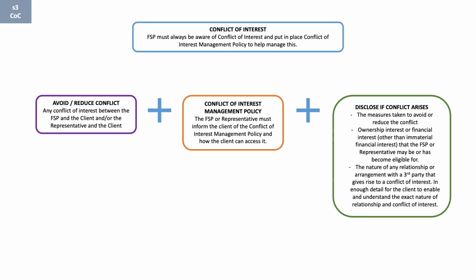What ownership interest or financial interest, other than immaterial financial interest, the FSP or representative may be or has become eligible for or entitled to? 3. The nature of any relationship or arrangement with a third party that gives rise to a conflict of interest, in enough detail for the client to know and understand the exact nature of the relationship and conflicts of interest.